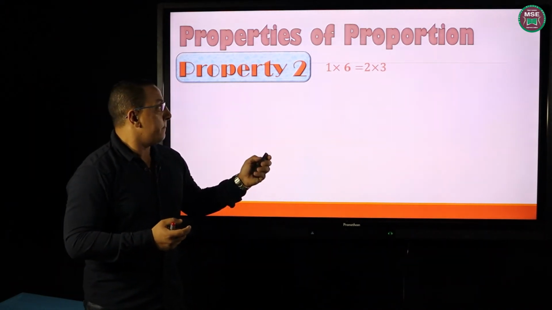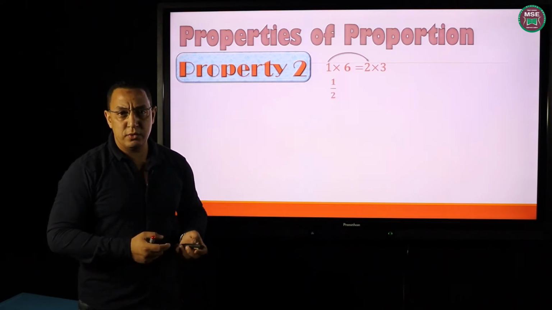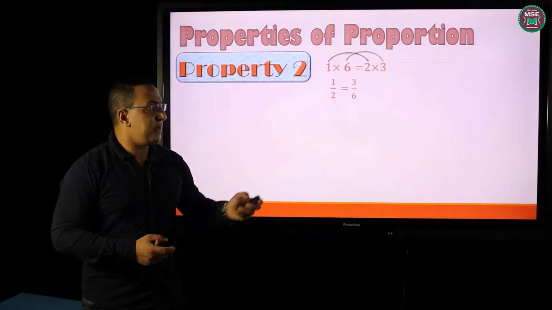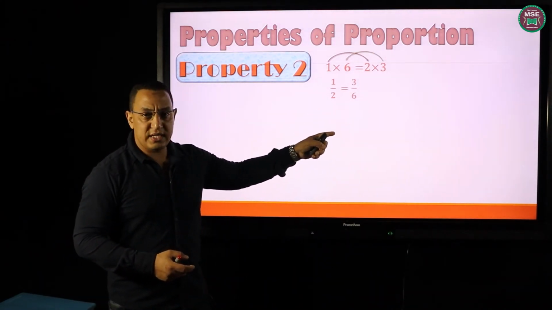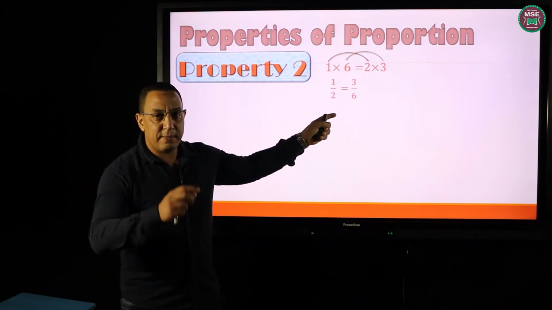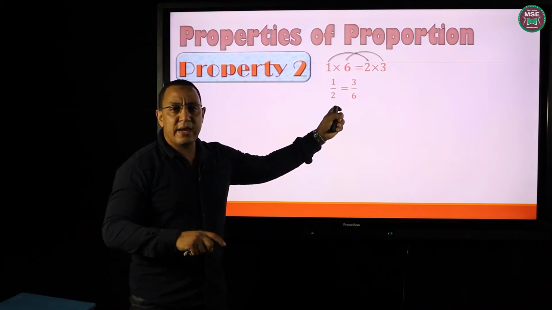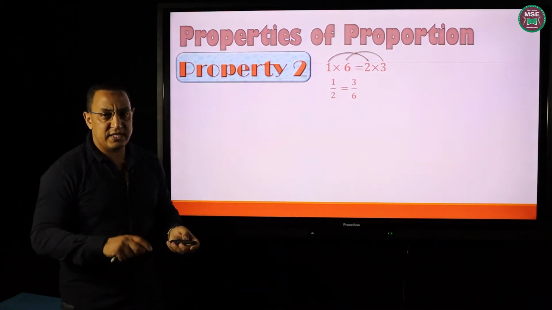How come? 1 over 2 and 3 over 6, like this, it will be a proportion. 1 over 2 equals 3 over 6. I change them from the product form into ratio form like this. So 1 over 2 equals 3 over 6.